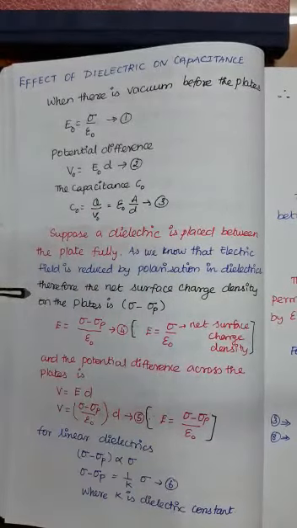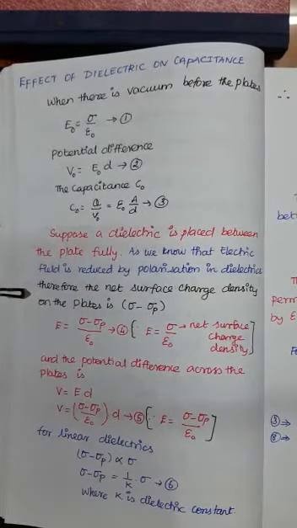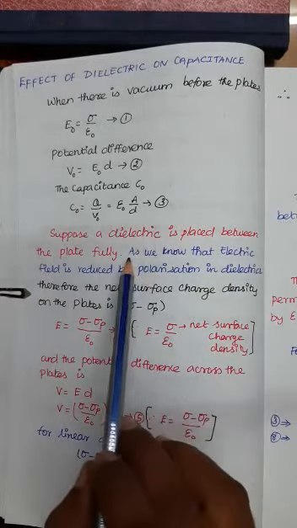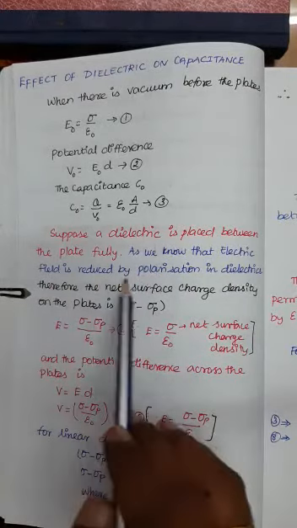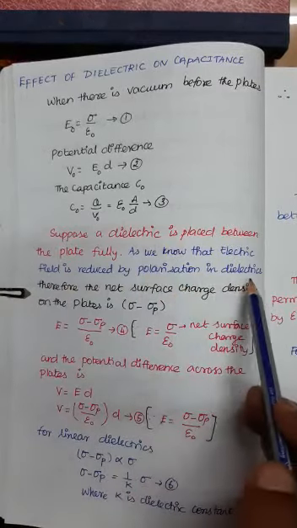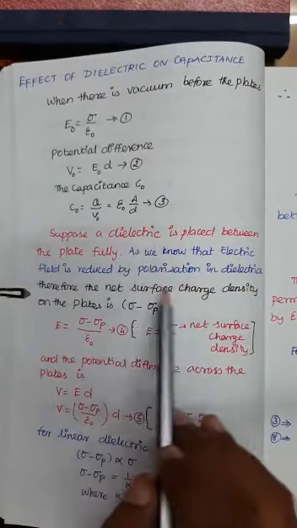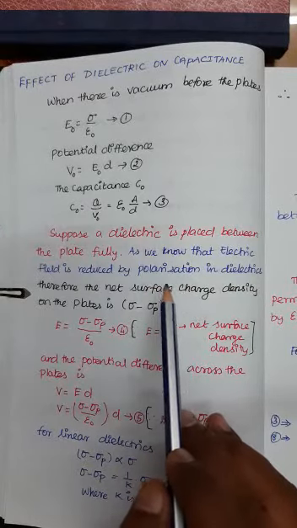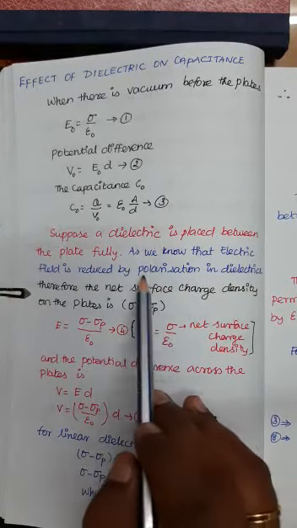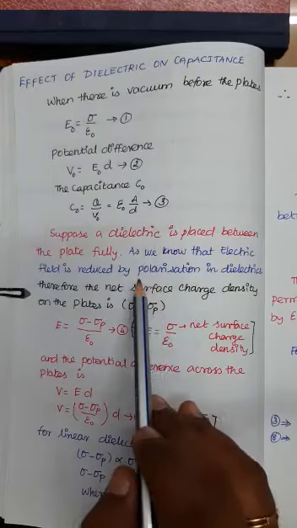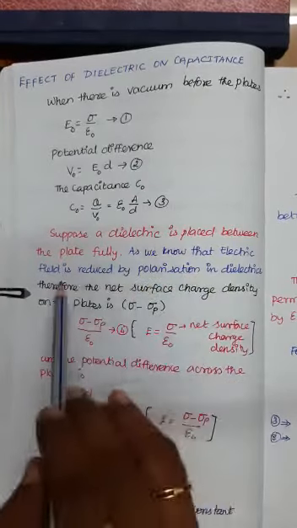Suppose a dielectric is placed fully between the plates. What will happen? If you apply an electric field to a dielectric, the electric field is reduced by the polarization in the dielectric. This polarization is due to the induced dipole moment, so the field gets reduced.